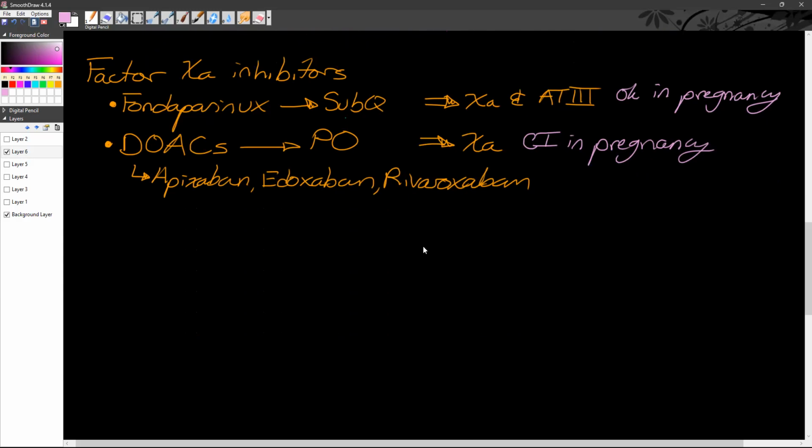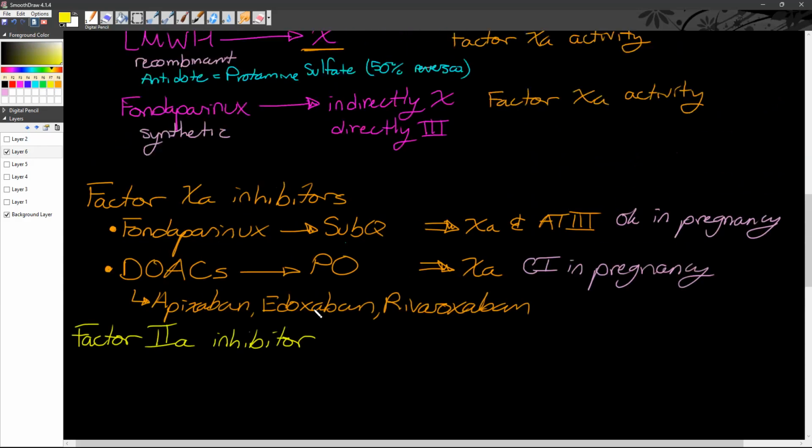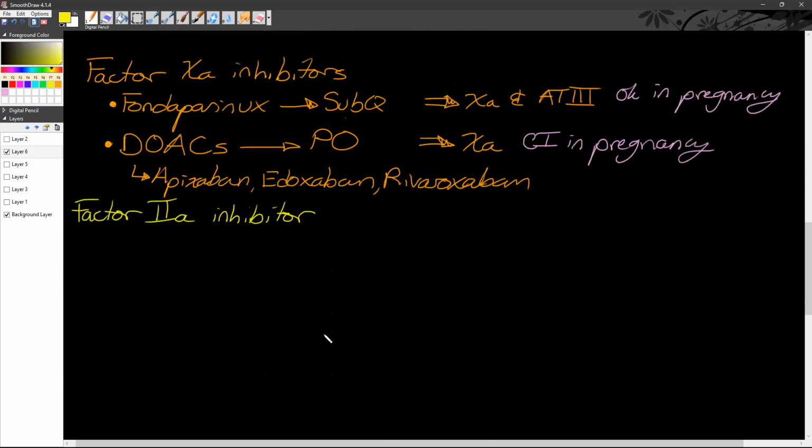The next group that we're going to look at is the factor 2A inhibitors. So again, these are just a collection of drugs that are slowly working their way through all the different important clotting factors.